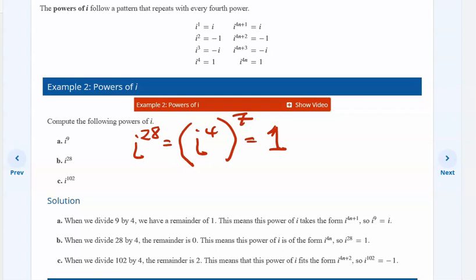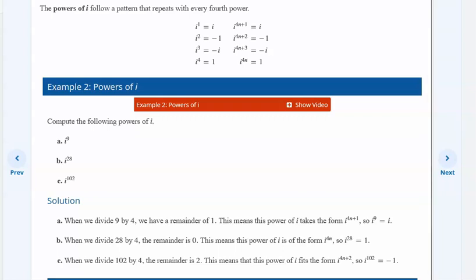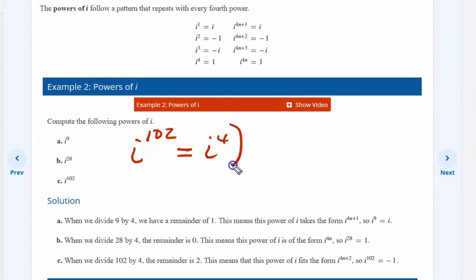Now, as we go, there is a little protocol to this. In letter C, it's i to the 102. Well, can you see this would be equal to i to the fourth power raised to the 25th.